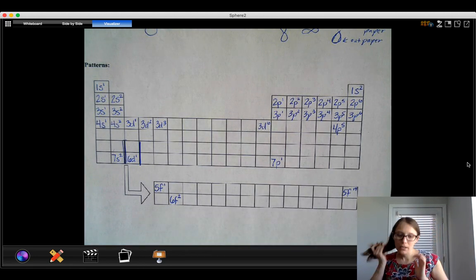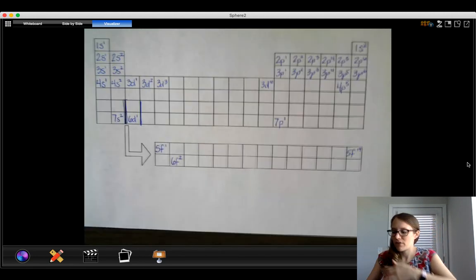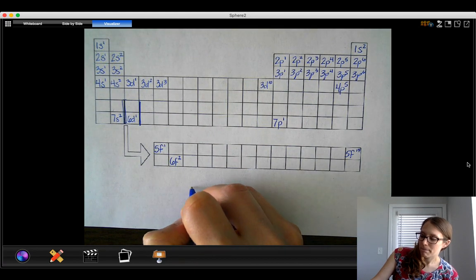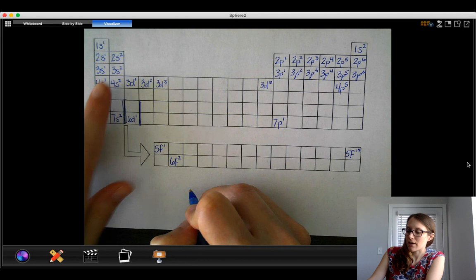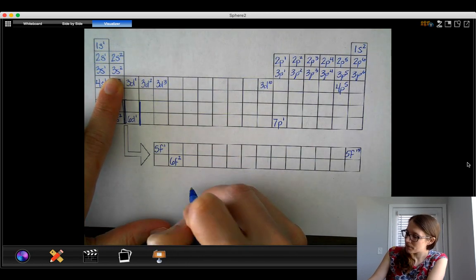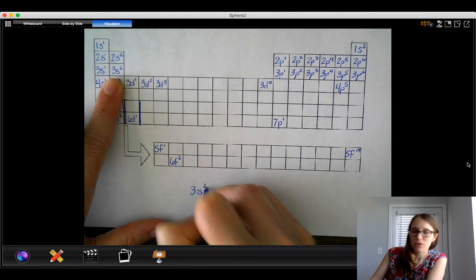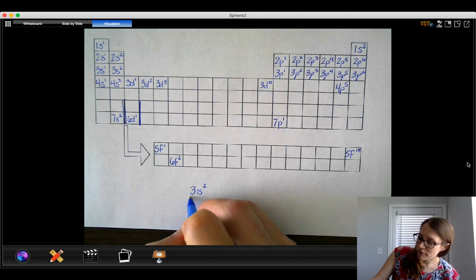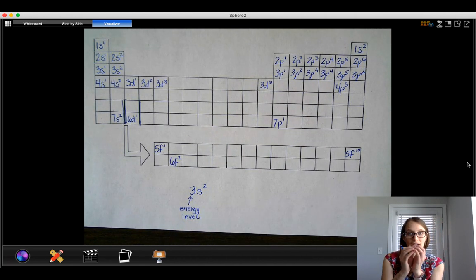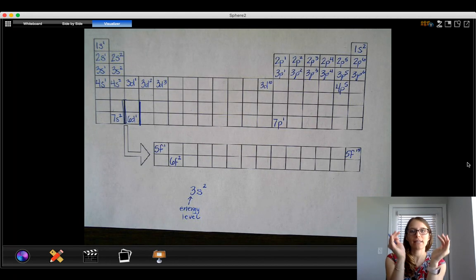All right, when we look at this, and I'll write this again on page 7 of the notes, but if we look at an example, let's just pick kind of a random box. Let's say that we pick this one, 3S2. This number in front tells us the energy level, which is really which ring in the Bohr model those electrons are going to go into, the one closest to the nucleus, second closest, third closest, fourth closest.